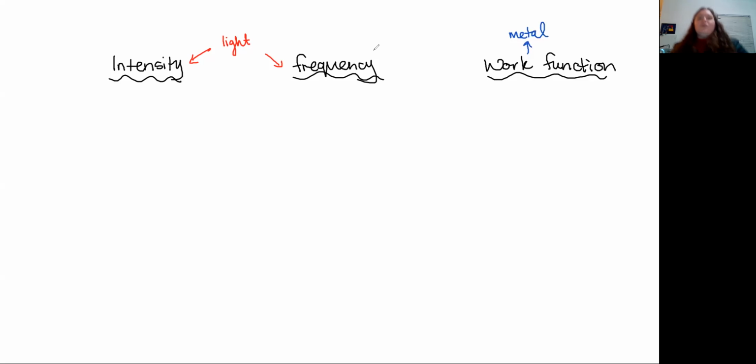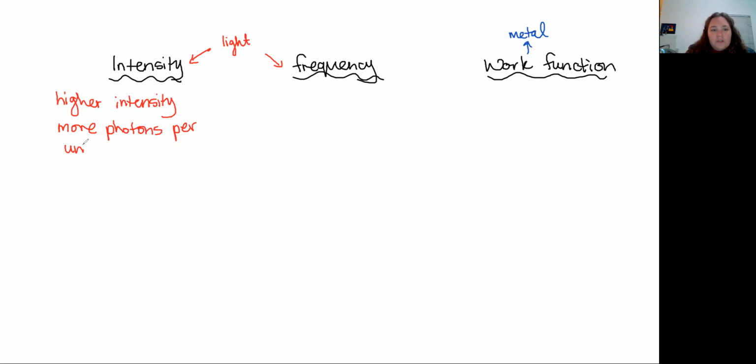Okay, so if we have a higher intensity, it literally means that we have got more photons per unit of time. So higher intensity means more photons. More photons are striking the metal.